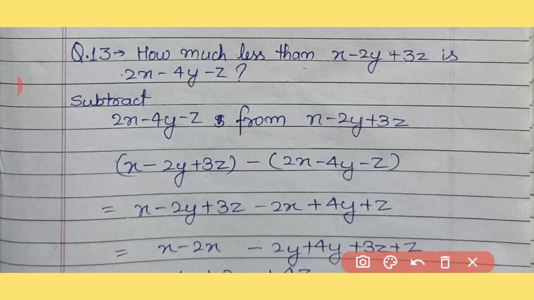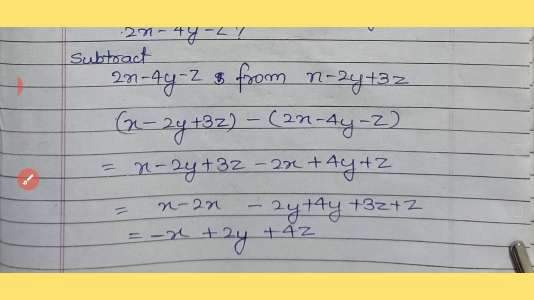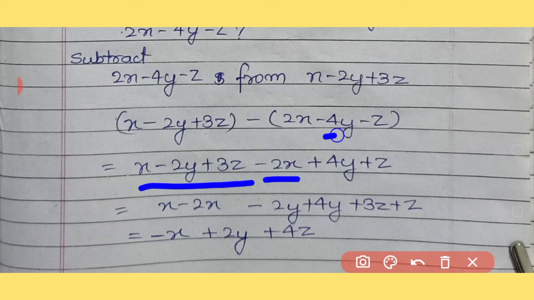So when the bracket opens, the terms present in the second bracket will have their signs changed. So plus 2x changes into minus 2x, minus 4y changes into plus 4y, minus z changes into plus z.